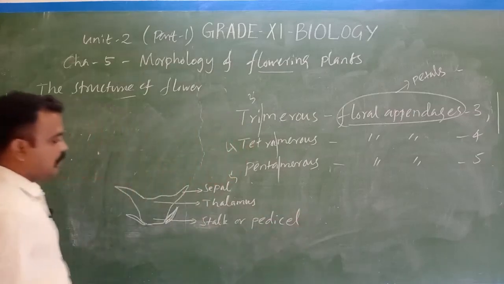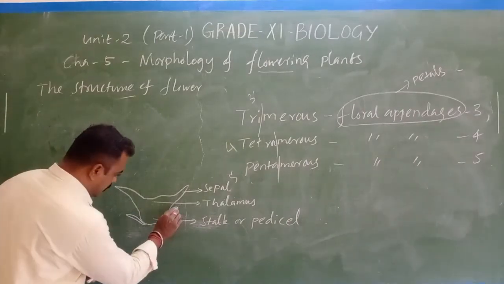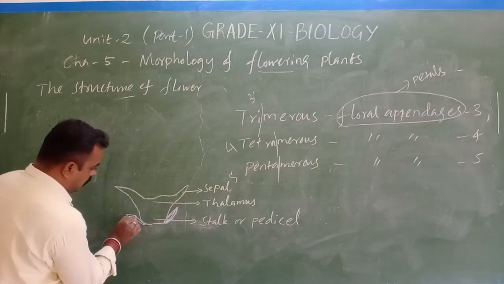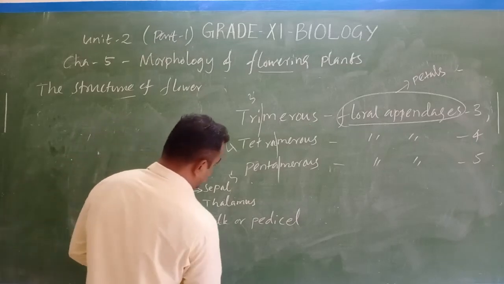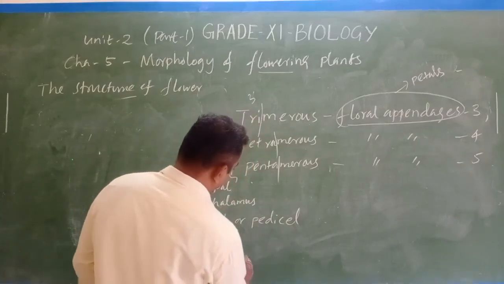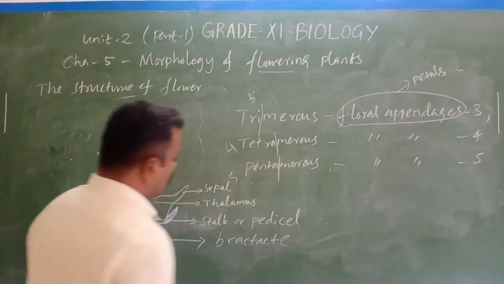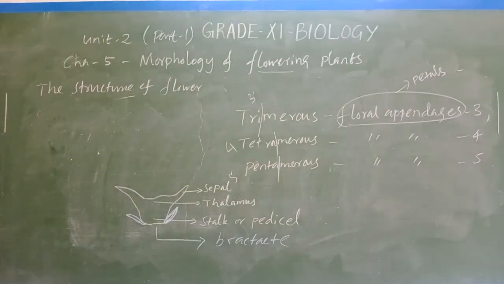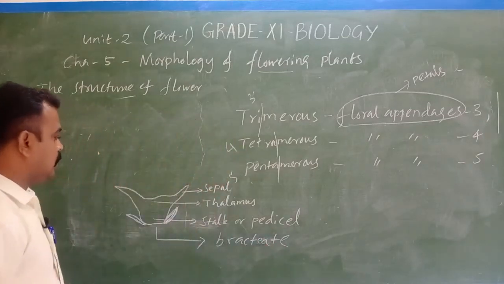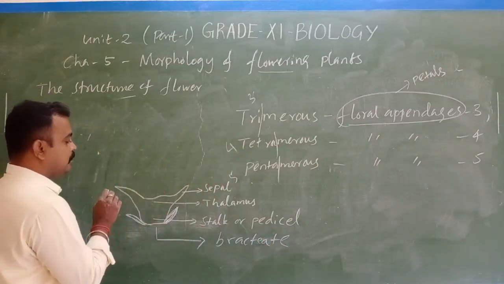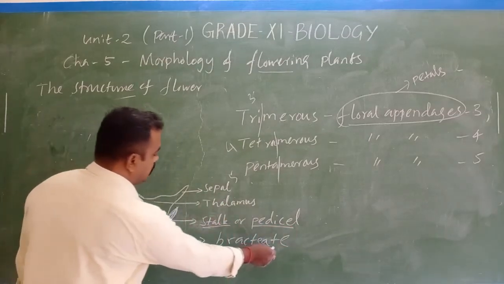At the base of the pedicel, at the base of the stalk, reduced leaves are present. If they are present, that flower is known as bracteate. So the reduced leaf present at the base of the stalk or pedicel means it is bracteate.